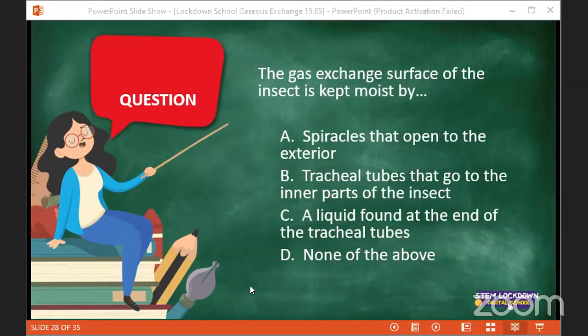All right, so I got C, C, C, and A. See what the correct answer is.